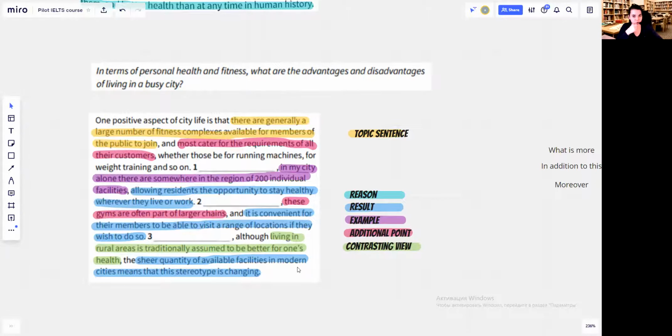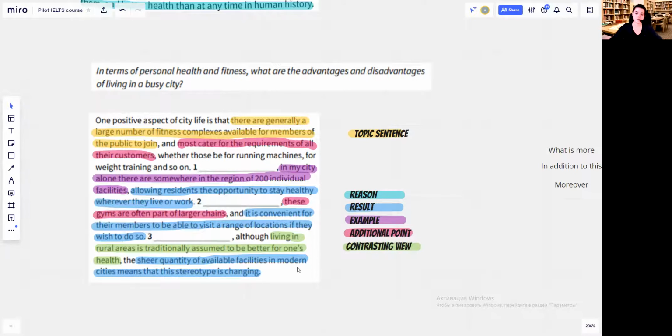Words like although, however, despite the fact that, etc. Basically, no contrasting view has to appear in your paragraph without some kind of linker of contrast. Otherwise, it is not going to support your original idea.